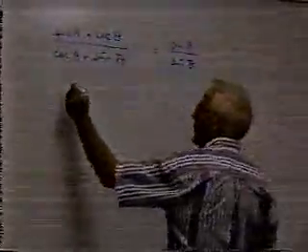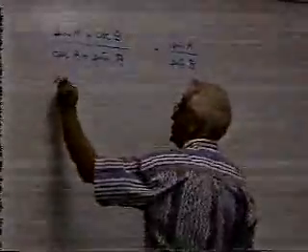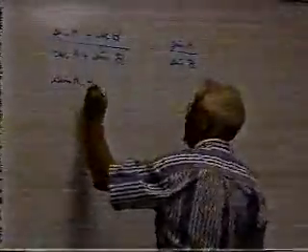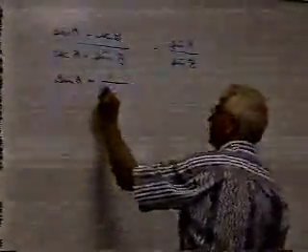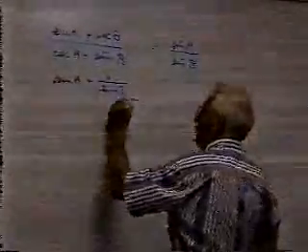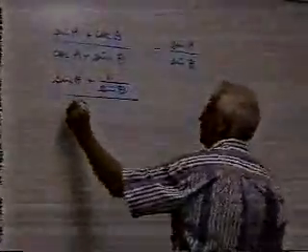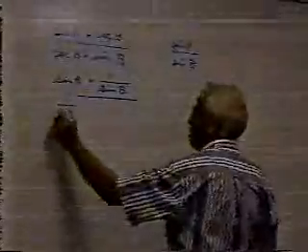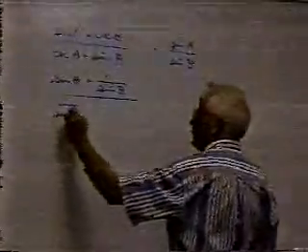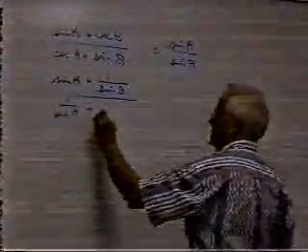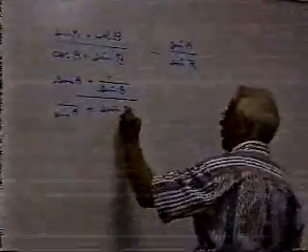So here we go. I'll leave this sine of A plus 1 over sine of B. And then cosecant is 1 over sine of A plus sine of B. Okay.